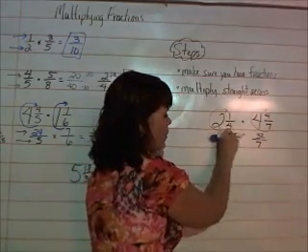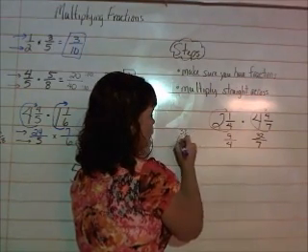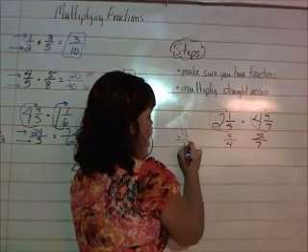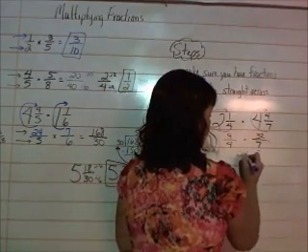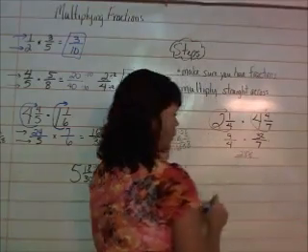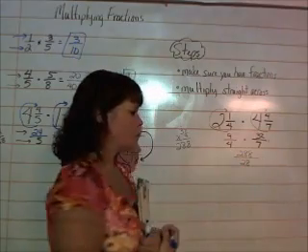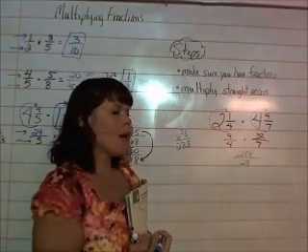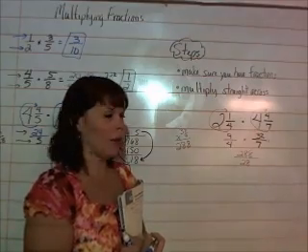Now I can multiply straight across. 32 times 9 is 288, over 4 times 7 is 28. Now remember, you can't leave that number so big. It's not going to work.